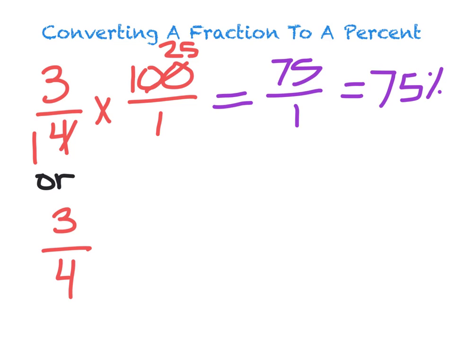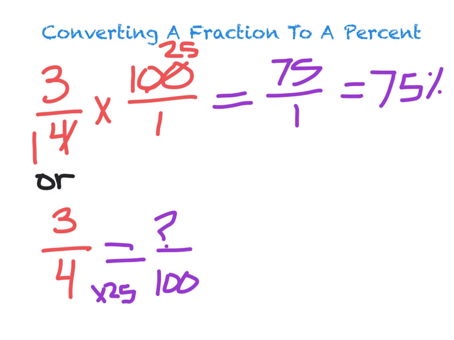Now let's do it another way. You have 3/4, and you want to figure out what this is going to be in percent. Now this goes back to how a percent is a fraction. So we can find a common denominator of 100. So how do we get from 4 to 100? Now you saw in the previous one we divided, you'd multiply 4 times 25.